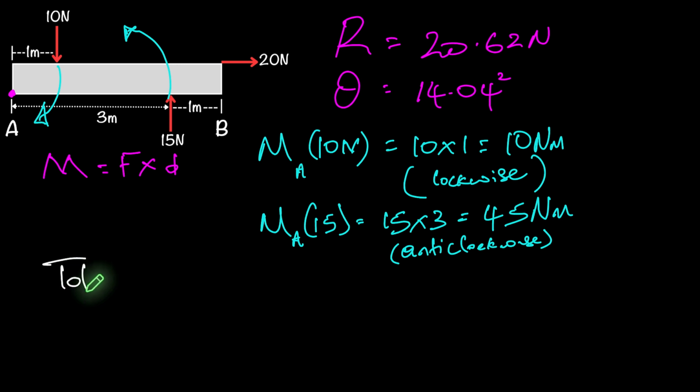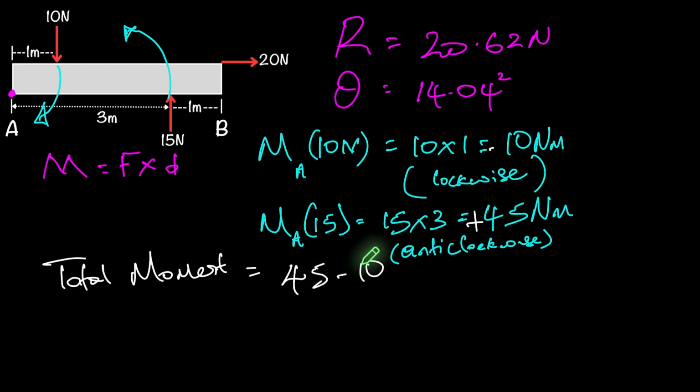So for the total moment, we're going to take anti-clockwise as positive for this example. So that would give us a positive 45 and a negative 10 Newton meters. So that will just leave us with 45 take 10.